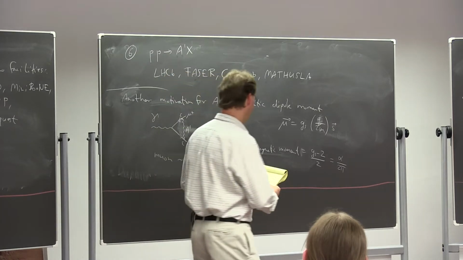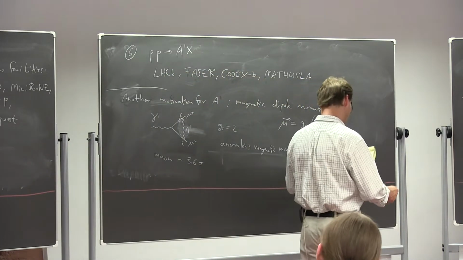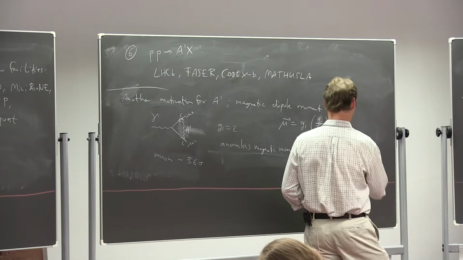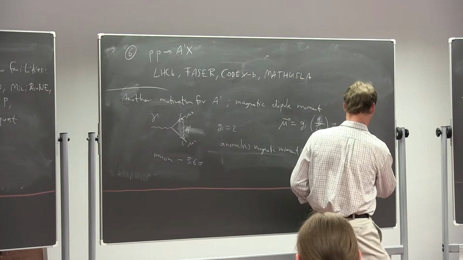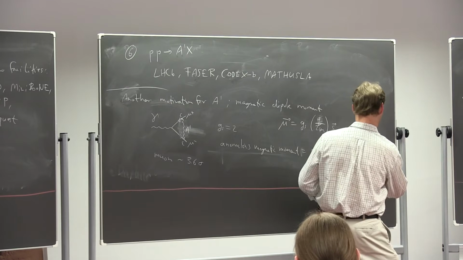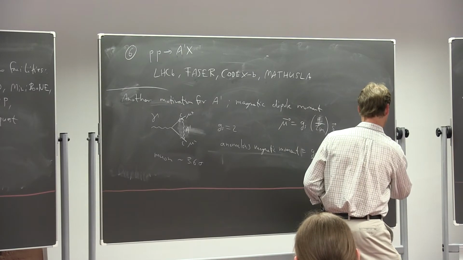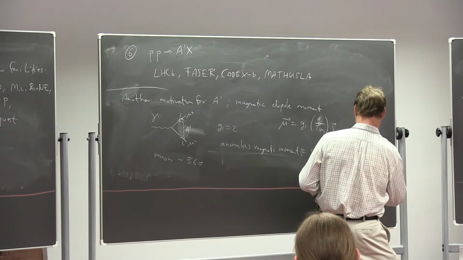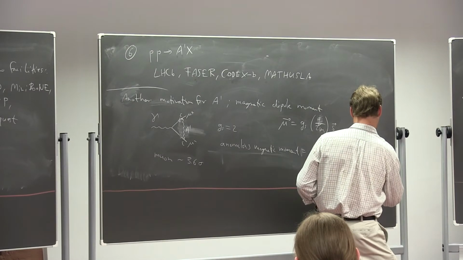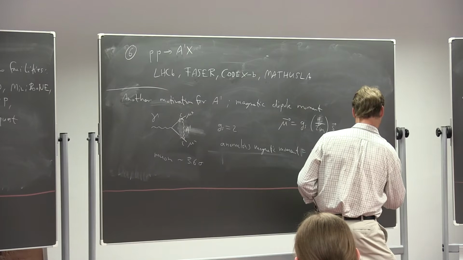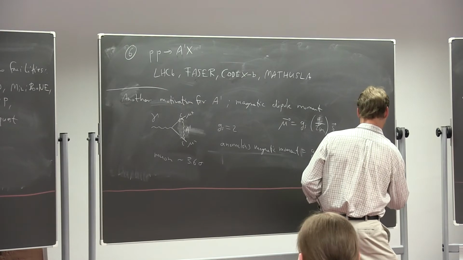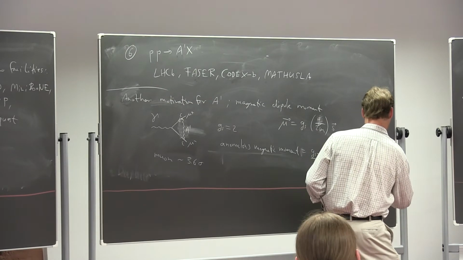So for a dark photon, I'm using my old writing just to add for the dark photon now. So it's times 1 for a dark photon mass much less than the muon, and it's times 2 mu squared over 3 m_A' squared for m_A' much larger than mu.